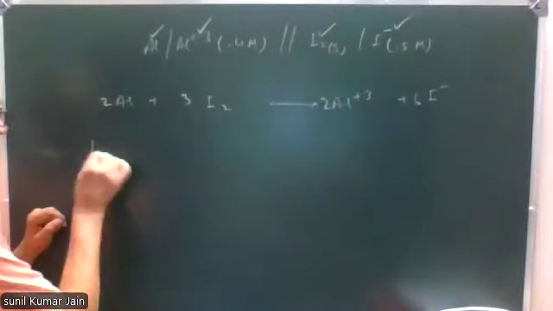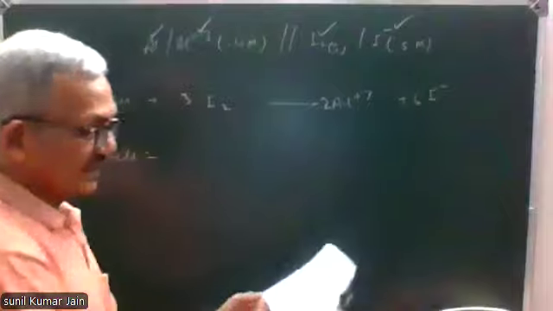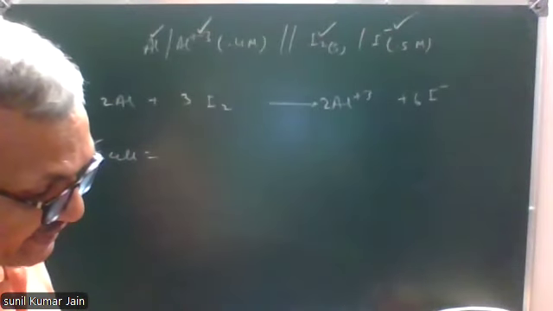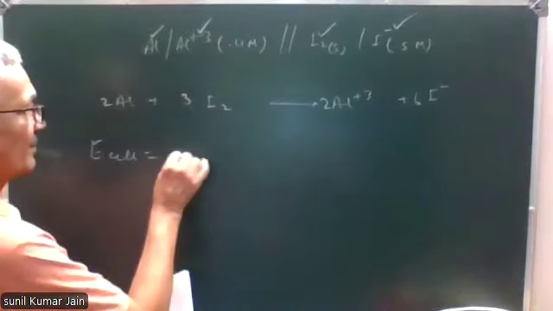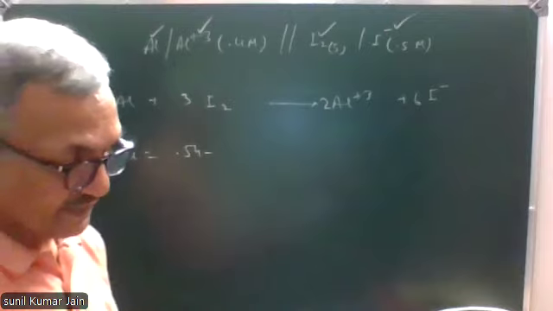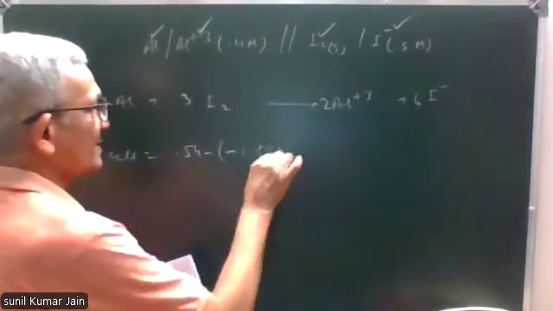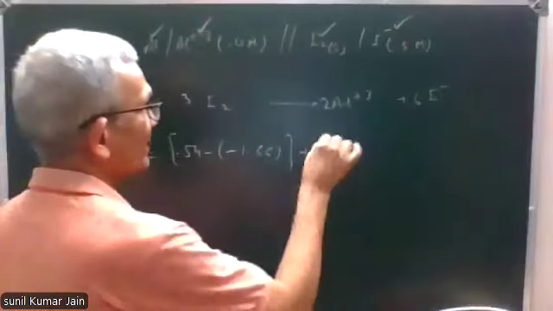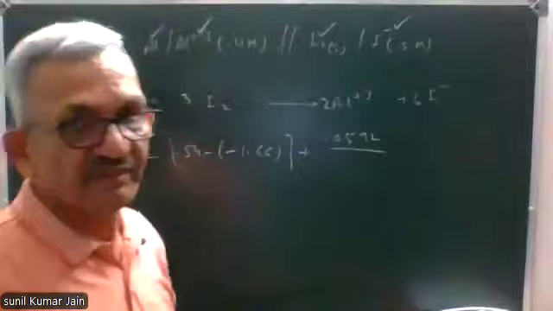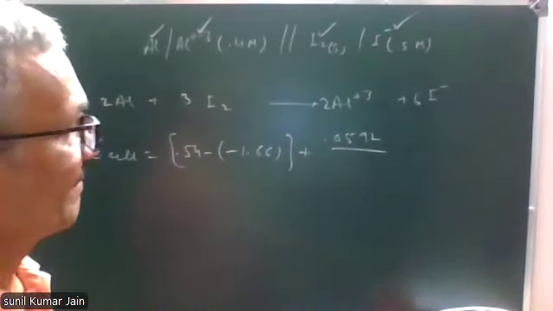Coming to Nernst equation. E cell is equal to E right. Right is iodine. Iodine is 0.54 minus aluminium is minus 1.66, plus 0.0592 divided by n. Yes, value of n, last time, 6.